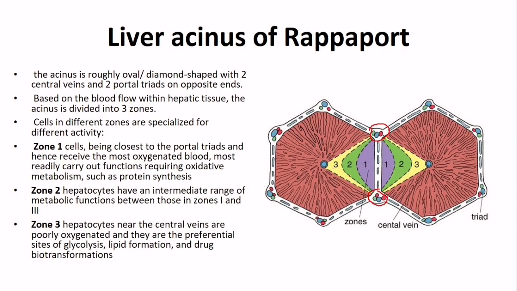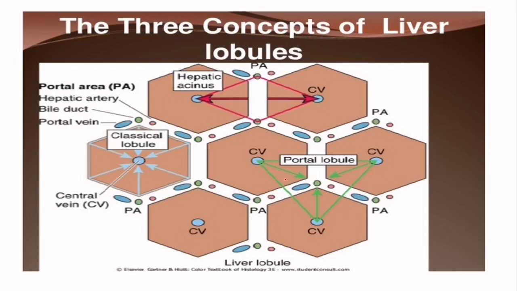Zone two remains an intermediate zone. So this is just the liver acinus of Rappaport. On this concept of the liver lobule, we defined the classic hepatic lobule and the hepatic acinus of Rappaport.